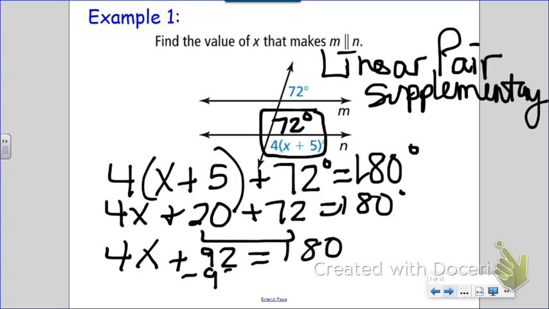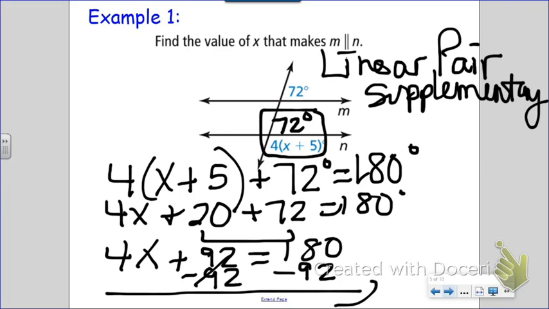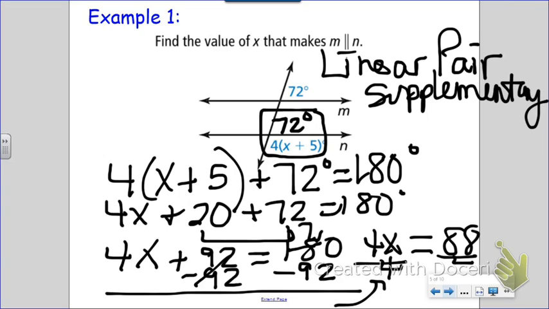Subtract 92 from both sides. 4x equals 88. Divide both sides by 4. So x equals 22.